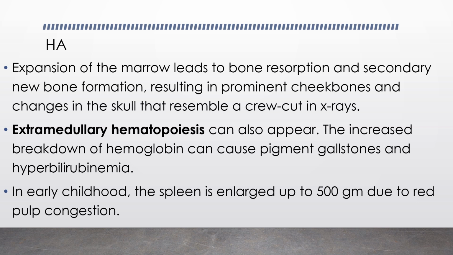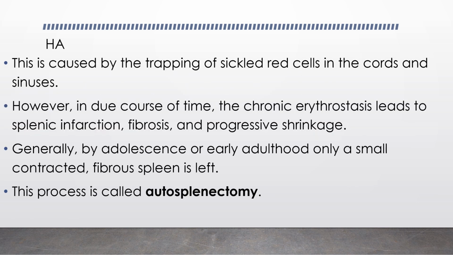The spleen is enlarged up to 500 grams. In early childhood, there is red pulp congestion. Later, the spleen will be damaged because of consistent anemic and, more than that, hypoxemic episodes. The cells get stuck in the cords and sinuses of the spleen, and chronic erythrostasis leads to splenic infarction because it's not getting enough oxygen.